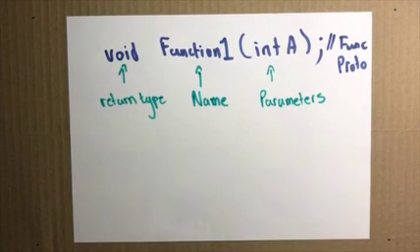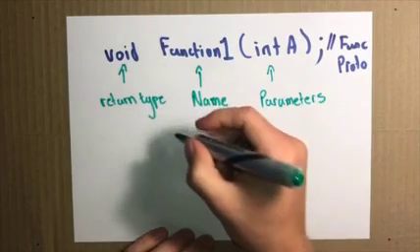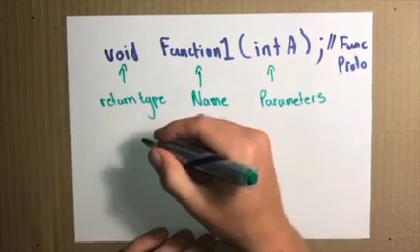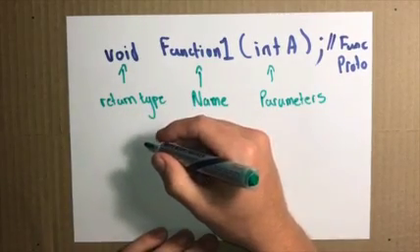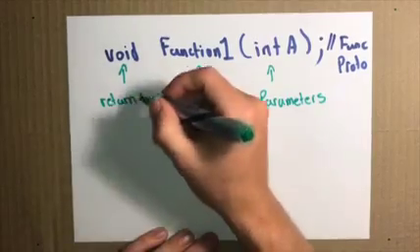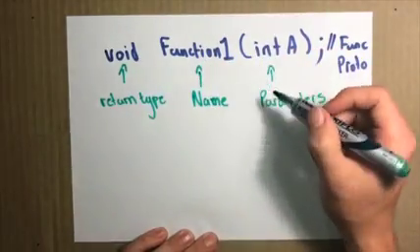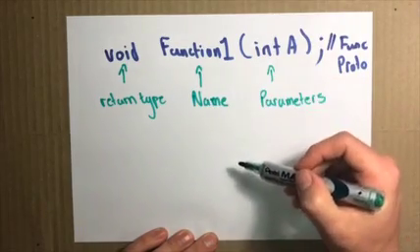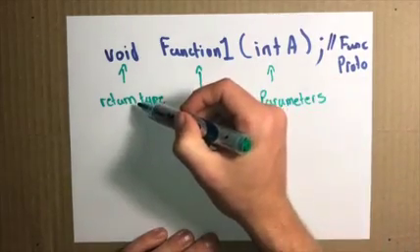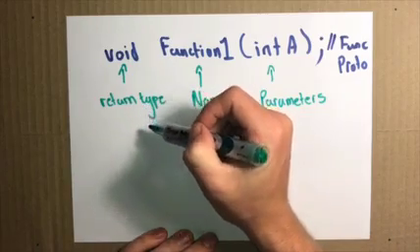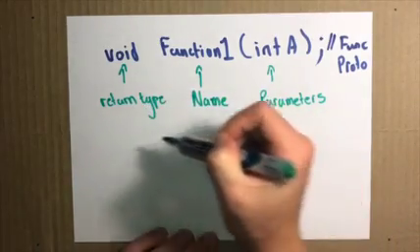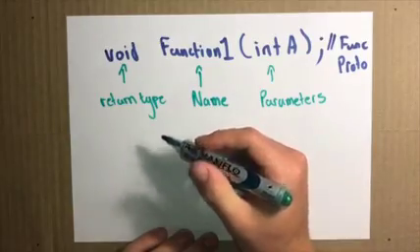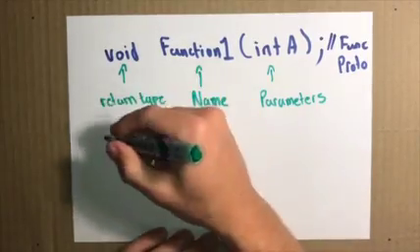Now, the return type will send information back to the main program. So let's say this function is called and this function does certain calculations and it gets to an answer, the return type is the type that we will use to send information back to the main function or the main program.